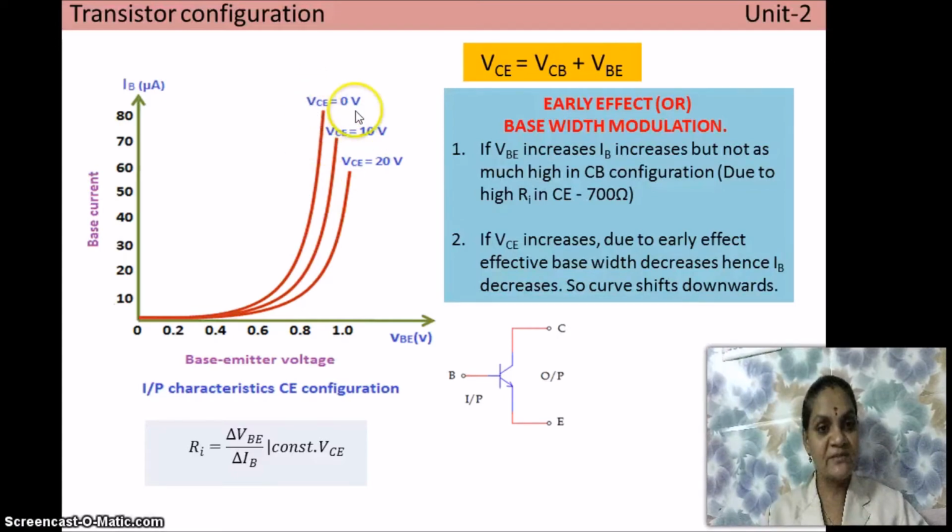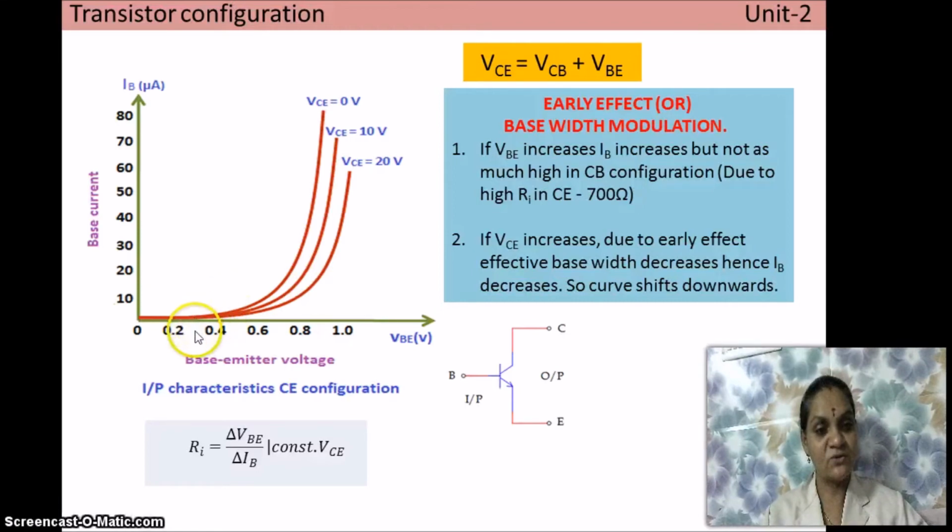First you take the characteristic at VCE equal to 0. If VCE is equal to 0, that means the output terminal voltage is kept at 0, and you increase the input voltage and observe the input current. In all devices, if input voltage increases, normally input current increases. So here also the same thing happens.